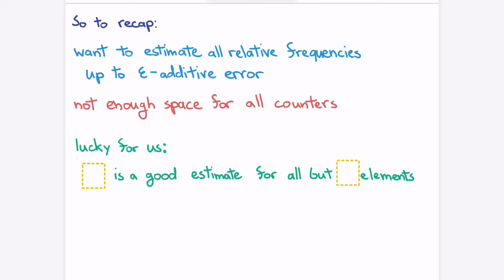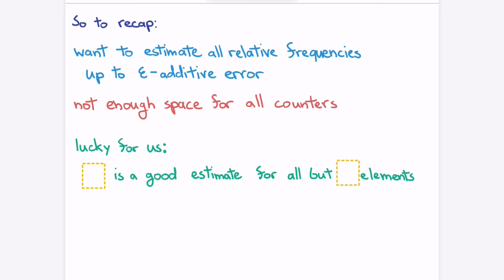But the question is why? If I just looked at this and said, oh, you want to estimate all the frequencies, like, oh, shoot, I have to have a counter for everything. That's impossible, right? So the output would seem huge, and it would seem impossible to do this.